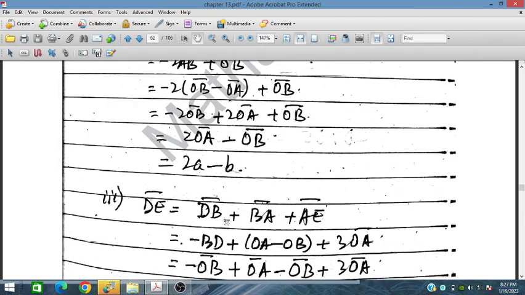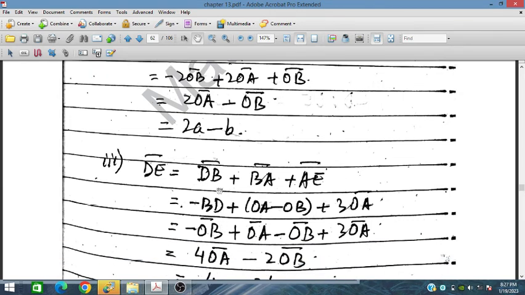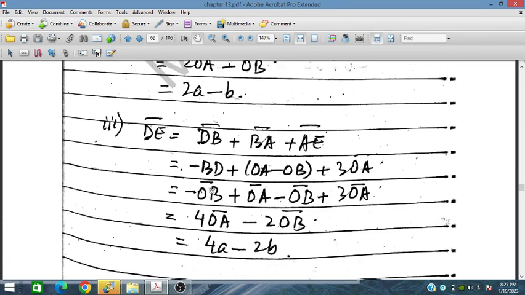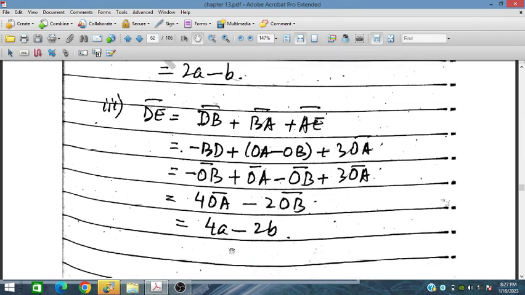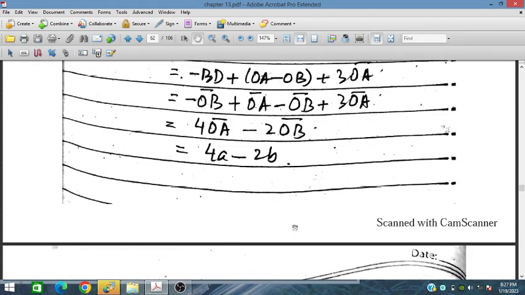DE is equal to DB plus BA plus AE. So this is minus BD, minus AB, and AE is 3OA. On simplification, this is 4a minus 2b.